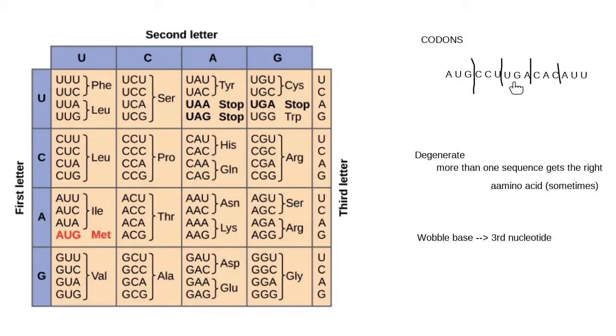That's it. This is an idea that's important for you to think about when we're thinking about those wobble bases, or when we're thinking about potential mutations in DNA or in RNA. If we change the sequence of what should be there to the sequence of a stop codon, so if we accidentally mix things up and we put a stop codon in there, that's the end of the road.